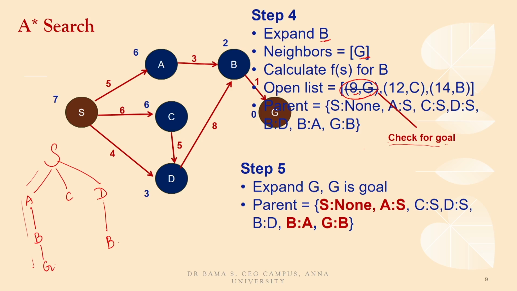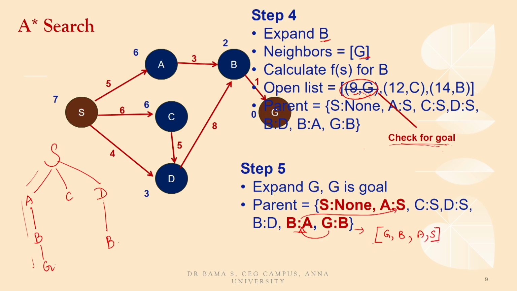Now, once this is popped out, it is checked for goal, and yes, G is actually the goal. So, it gets to the parent node, and from the parent node the list gets constructed as G, G to B, so B, then B to A, so A, and A to S, so S. So, this is a path.